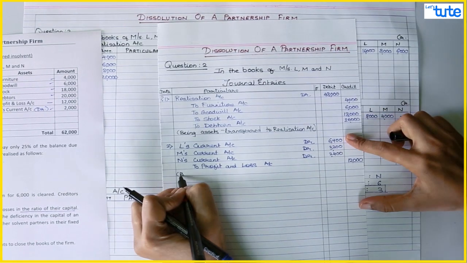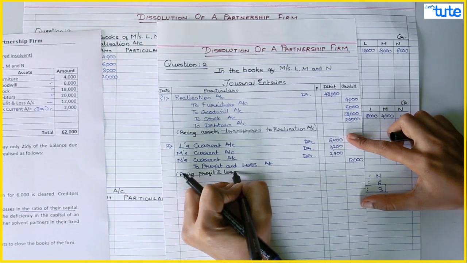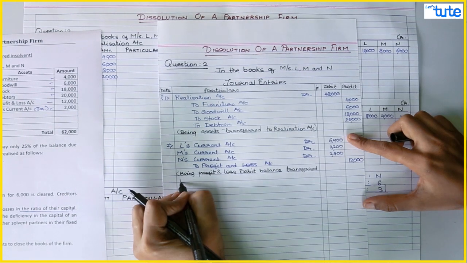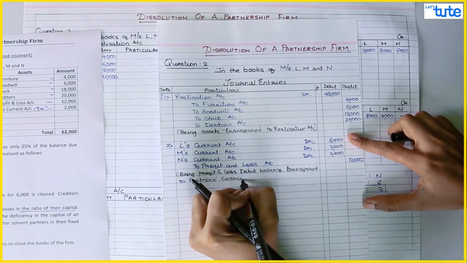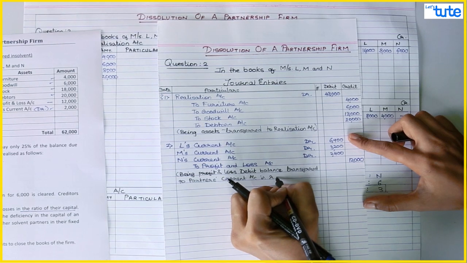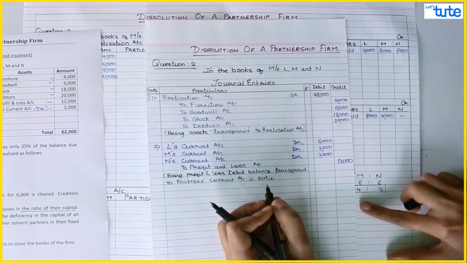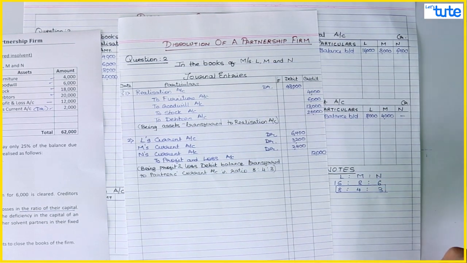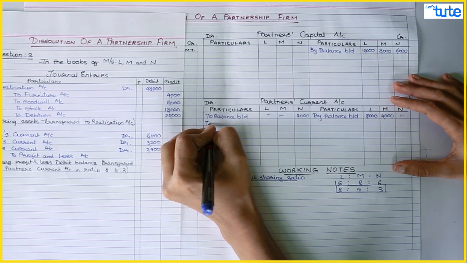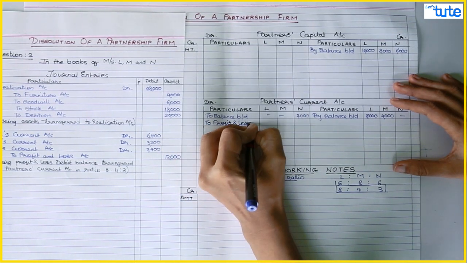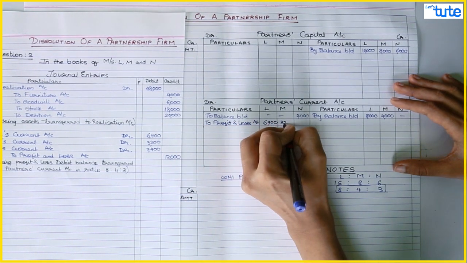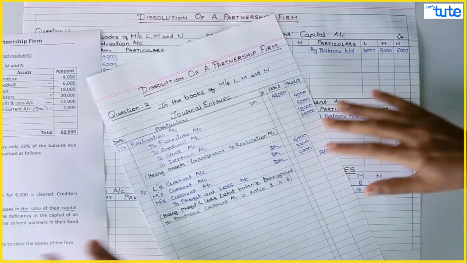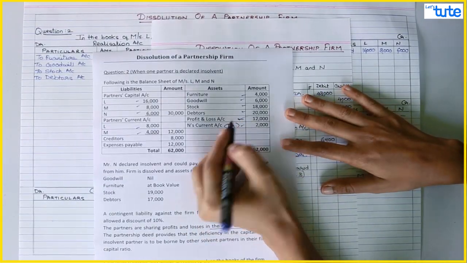Being profit and loss debit balance transferred to partners' current account in their profit sharing ratio, that is 8 is to 4 is to 3. So that is done. Now post this in your current account to profit and loss account 6,400, 3,200 and 2,400. So we are done with this profit and loss account also.